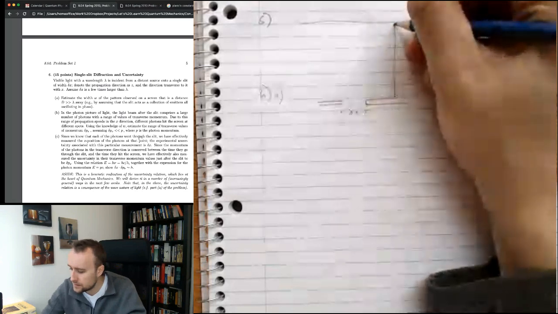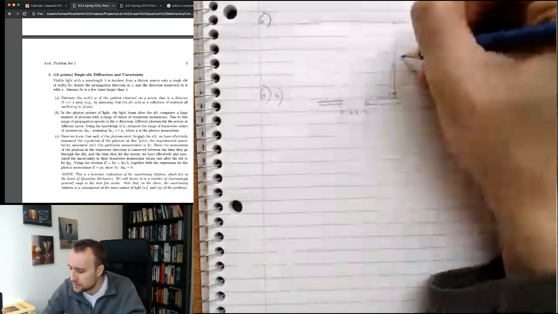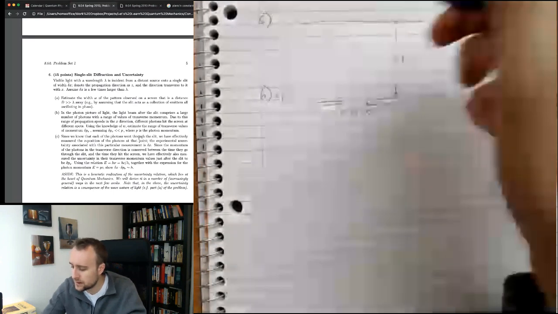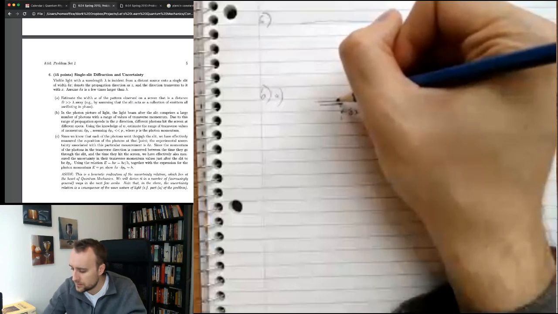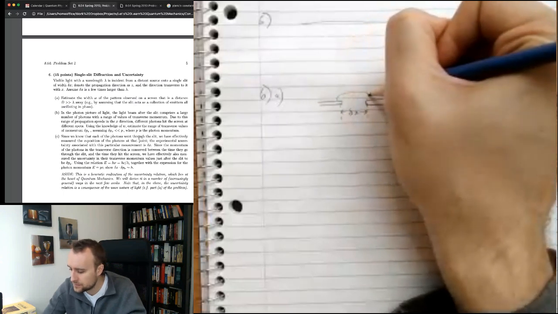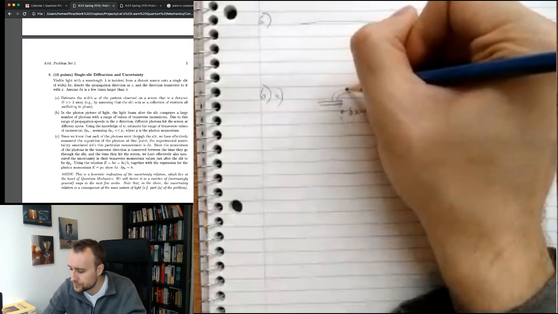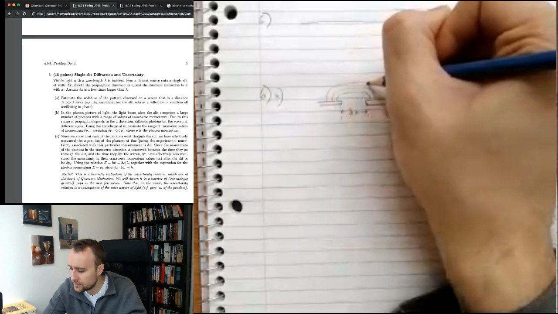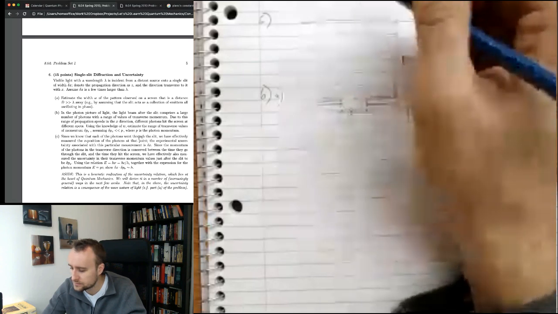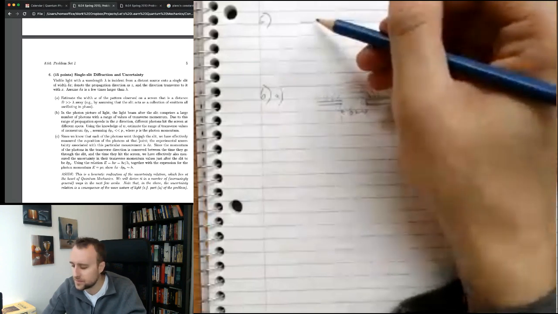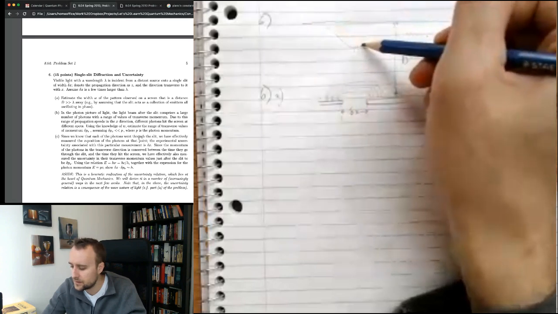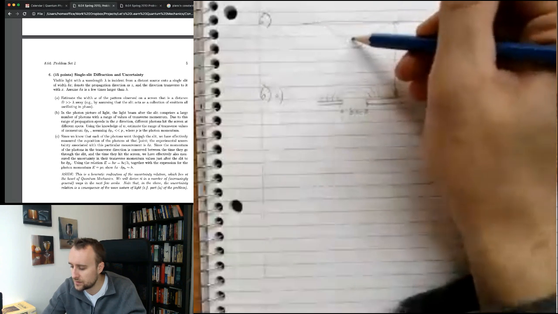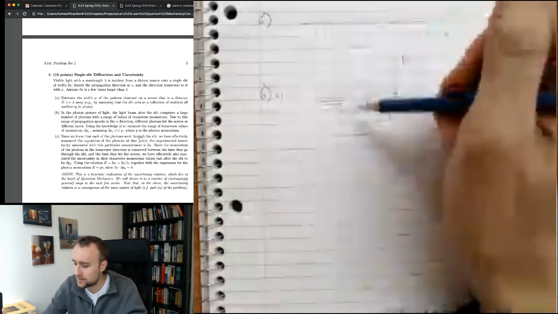This right here is d, and we know that d is much greater than lambda. And then we have some kind of this going on, I guess. And then there's going to be some kind of accumulation of the photons at the end based on going through this slit.